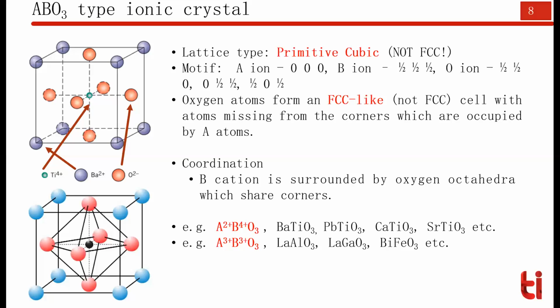As far as the coordination goes, the titanium 4+, which is at the body center, is surrounded by 6 of its adjacent oxygen neighbors. So titanium is actually at the octahedral site.